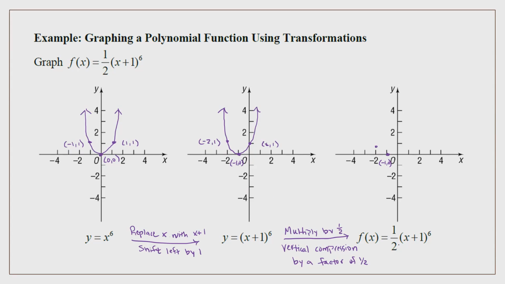So 1 times 1/2, or divided by 2, is 0.5. And then (0, 1) is now going to be (0, 0.5). And this is my graph of f of x.